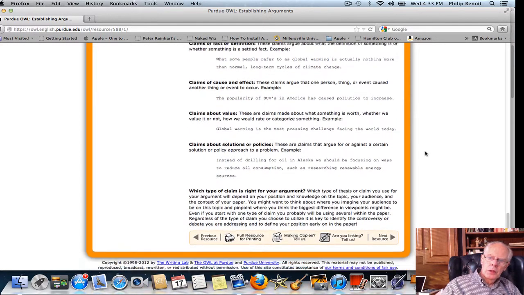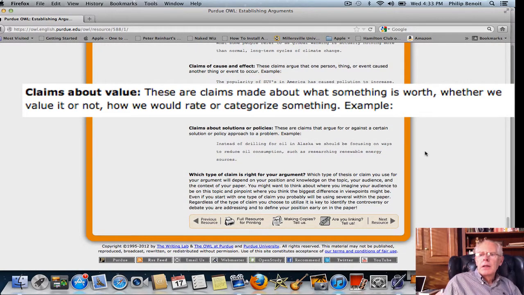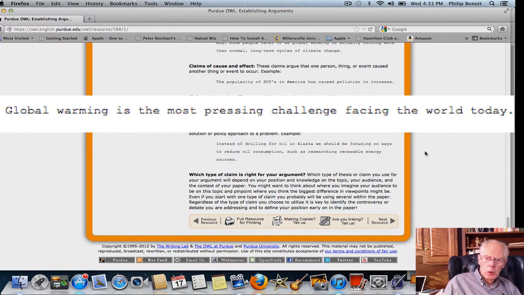Move up the scroll a little bit here. These claims are made about what something is worth. Value, whether we value it or not, how we would rate or categorize something. So it's a claim about value. Here's the example. Global warming is the most pressing challenge facing the world today.